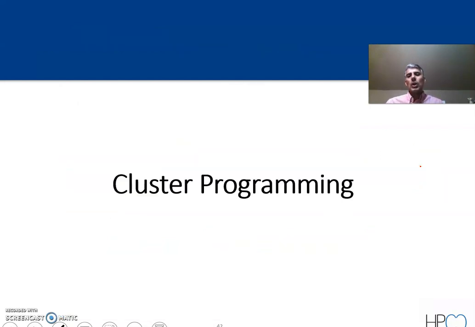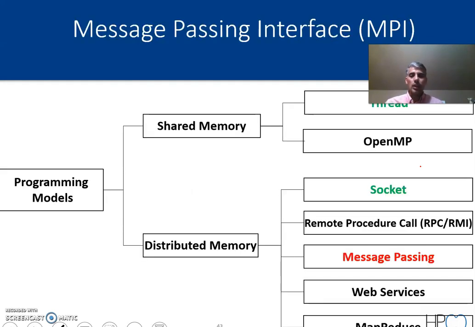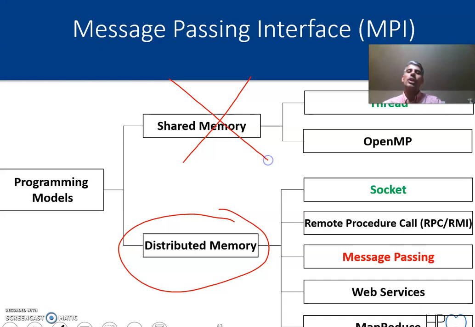All right, so we can say that whatever we talked about so far is preliminary distributed system programming. From this point onwards, we want to talk about practical, highly used distributed programming techniques. In other words, cluster programming. So we move back to the distributed memory section. We are not going to talk about shared memory anymore.